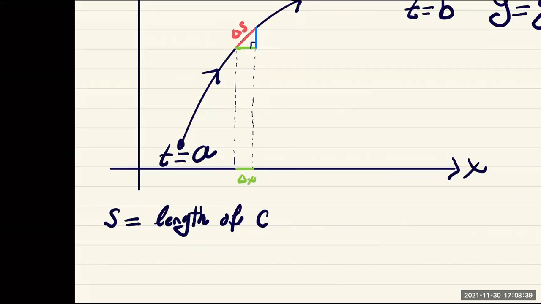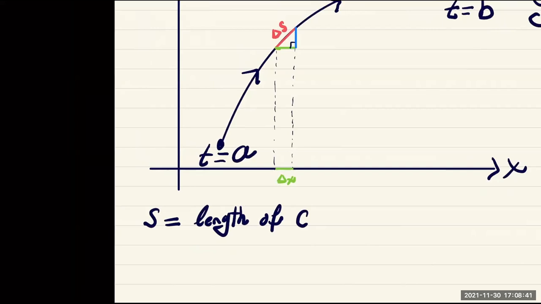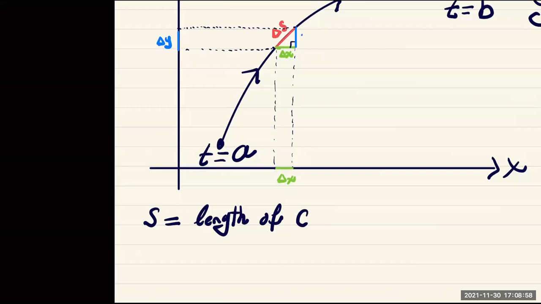And the vertical side of it is parallel to the y-axis. That itself is a small change or an increment of y. So that's again our delta x, and this is delta y. You have a right triangle, two legs are those deltas, the hypotenuse is delta s.